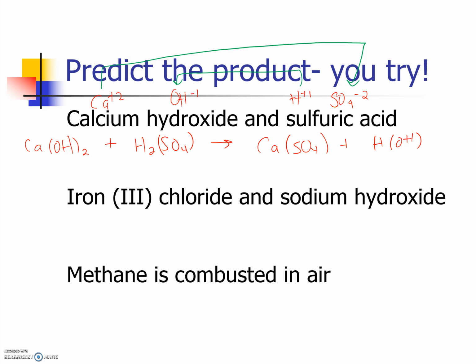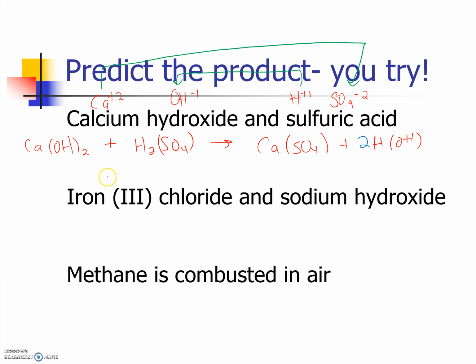HOH is also H2O, which is water, but for these kind of equations, it is fine to leave it as HOH. In fact, it makes it easier to balance. Sulfate and sulfate is balanced, but I have two OHs, so I need to come back in here and put a 2 here, two OHs, and I have two H's, and that balances my two H's. So there I'm good and balanced.